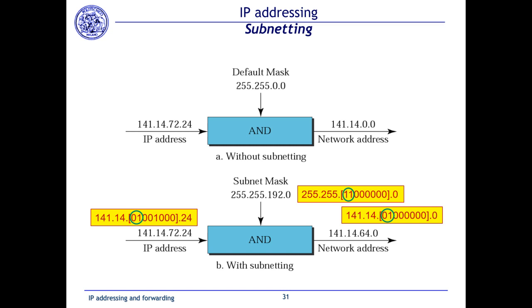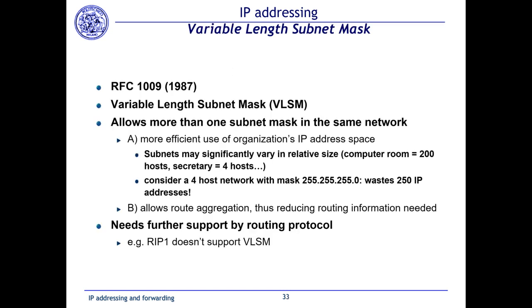Sometimes this is a problem, because internally in the architecture of your organization's internal network, you may have physical networks that are smaller or larger, with more or fewer hosts to be assigned. So the further improvement is the variable length subnet mask, VLSM.